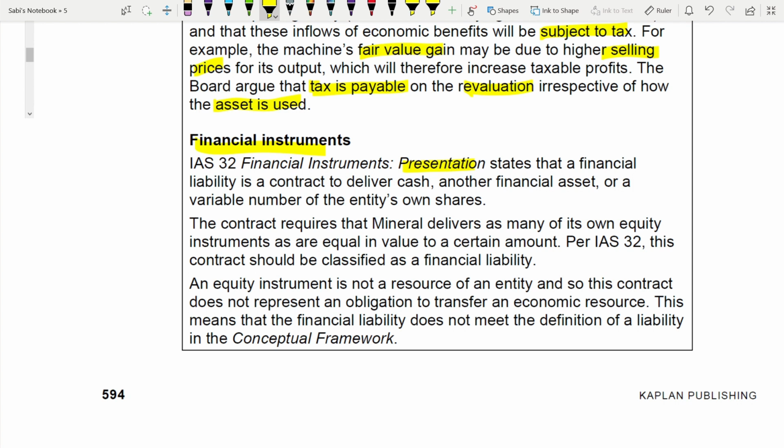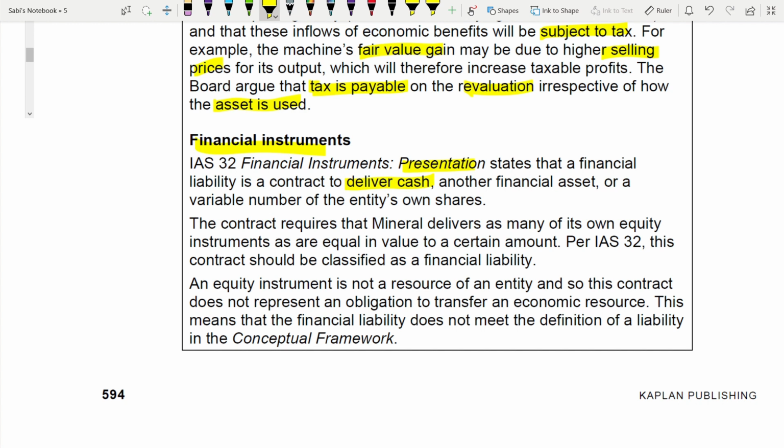So this is IAS 32. Okay, they say, according to IAS 32, give the definition of the financial liability. You have to first start with it. So a financial liability is a contract to deliver cash. That means an obligation to deliver cash, or any other financial asset also, not only cash, because cash is also a part of financial assets, right?